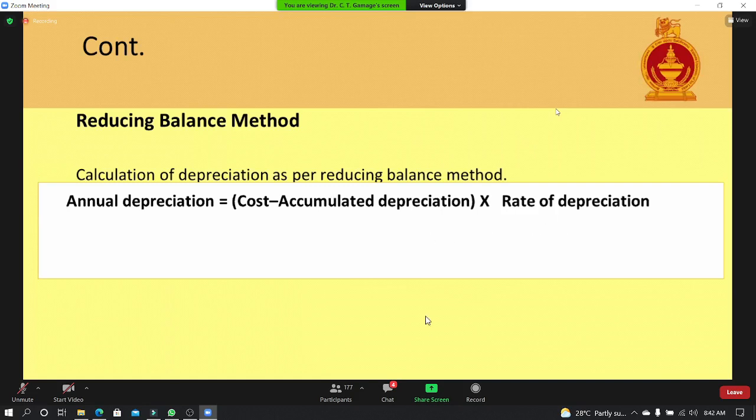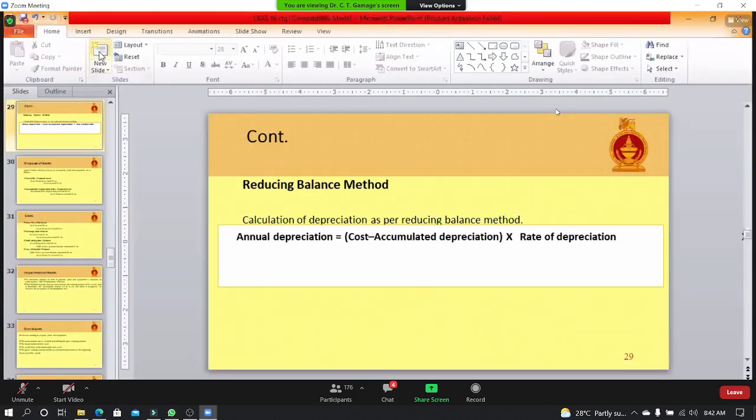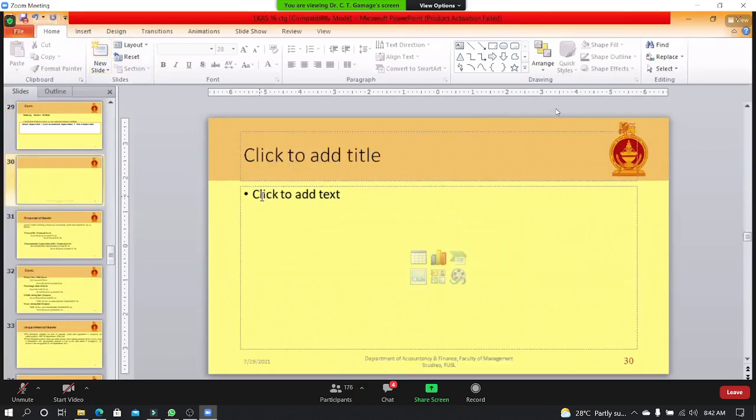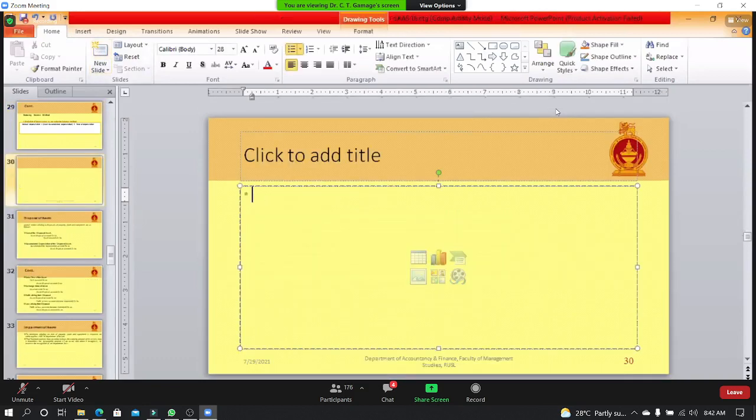But there is another method of calculating depreciation. It is based on the number of units of production.